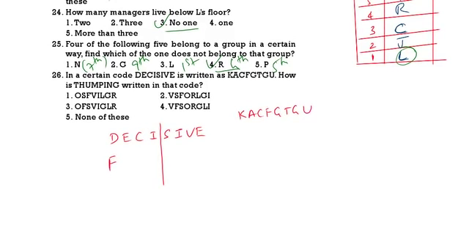D-E-F. After D, one letter means F. E backside one letter means C. Then C again back one letter means A. I, J, K. So F, C, A, K. That is written as K, A, C, F.